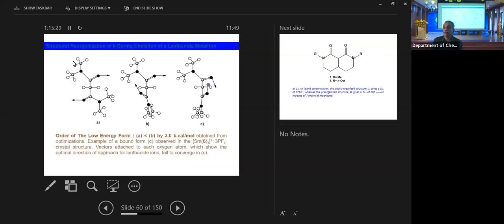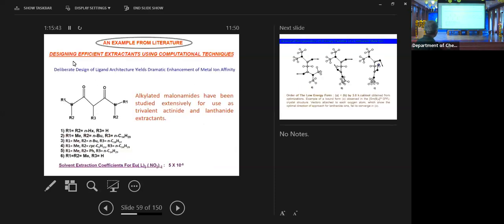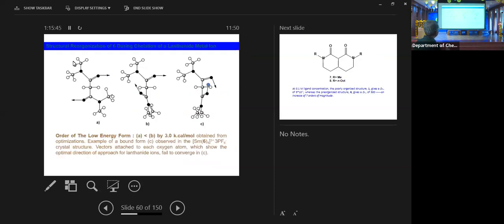What happened was, this comes from a big institute, Oak Ridge in the US. Using calculations, they found that for the structural reorganization of this molecule, when you look at it, you see that these vectors are separated out, and if you bring them together, then your extraction will be better.